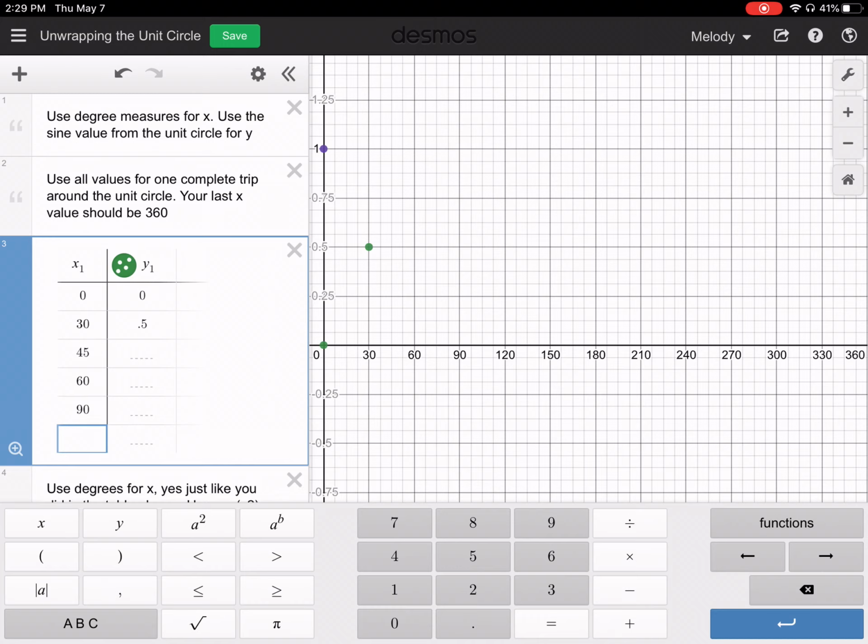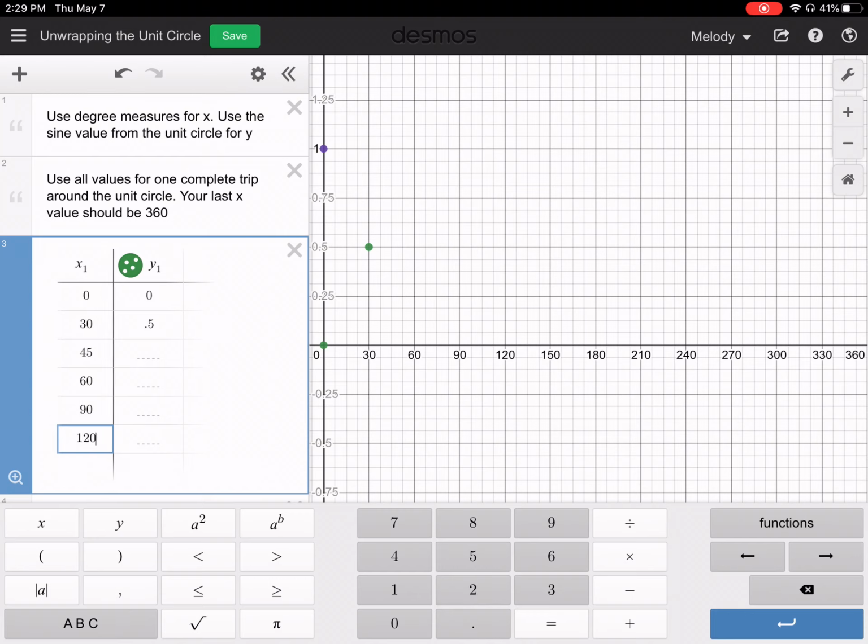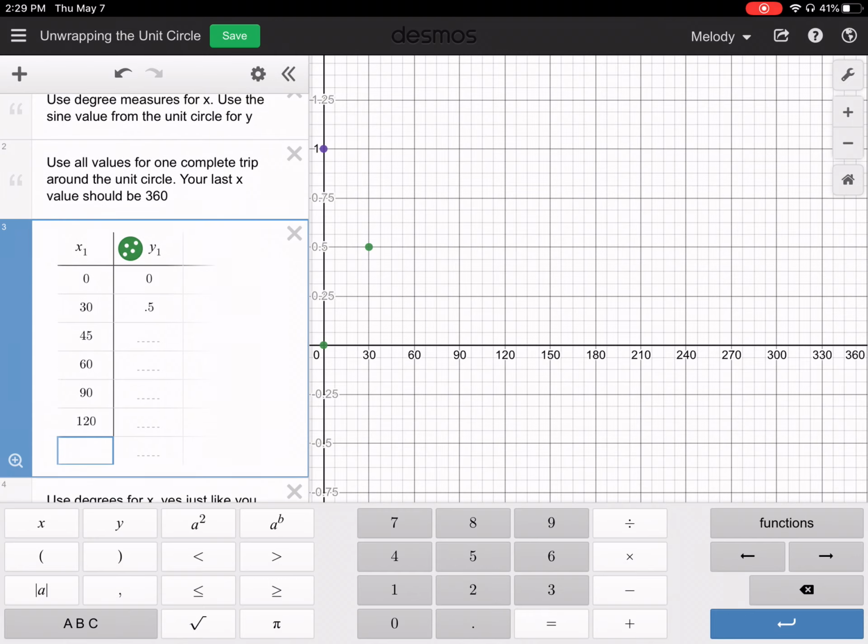Remember, you spent some time memorizing these. Then I go 90 plus 30, so I'm going to have 120-degree angles. You keep going all the way around the unit circle until you get up to 360 degrees.